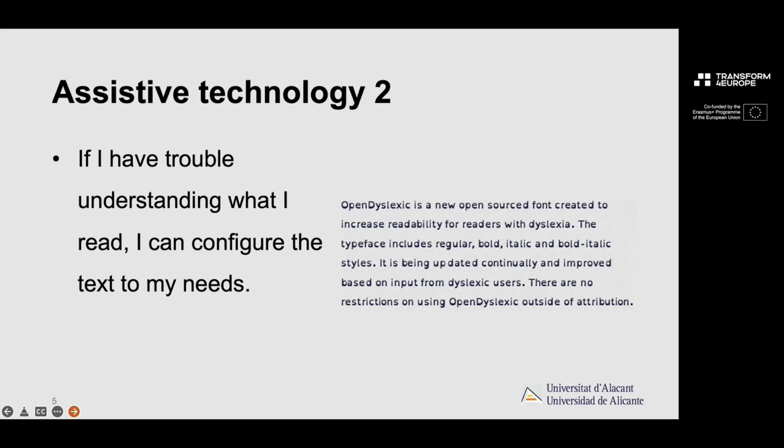In the right column of this slide, you can see a font type specific for people with cognitive problems. It is better for people with dyslexia, for example. The font type is Open Dyslexia. It's free and you can use it in your computer and all the documents.